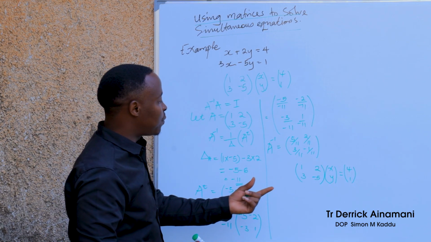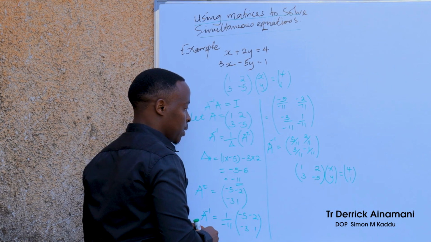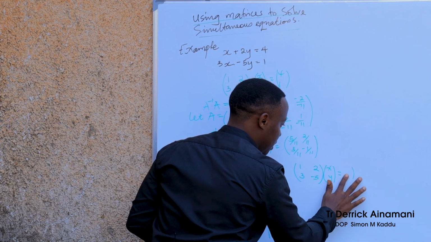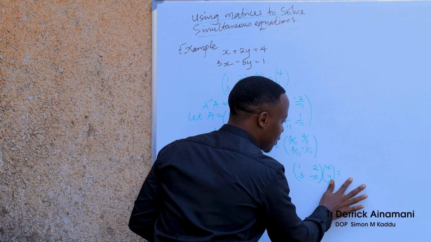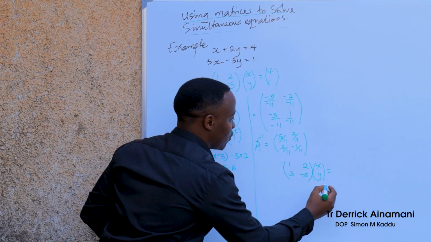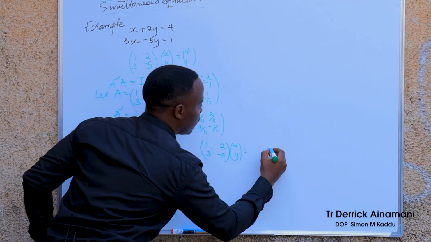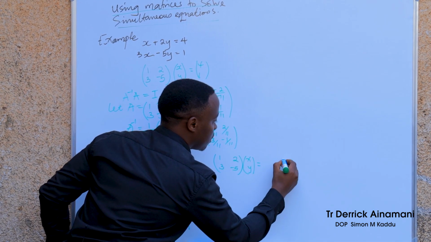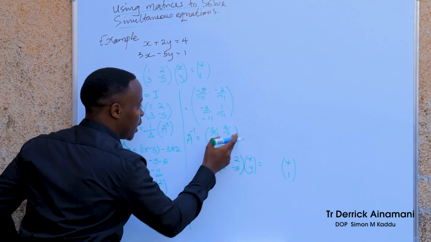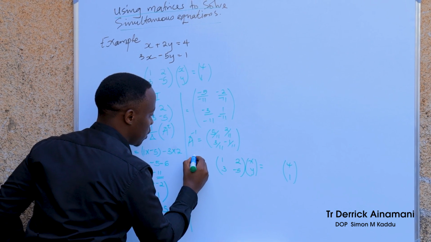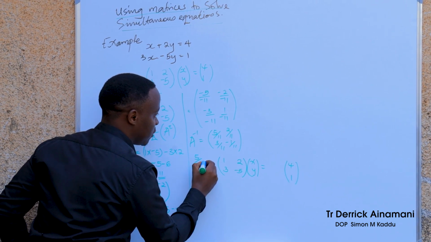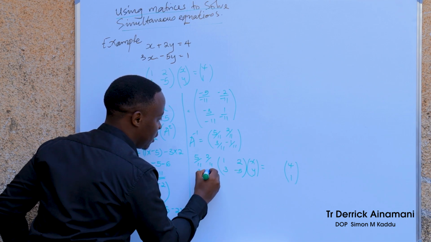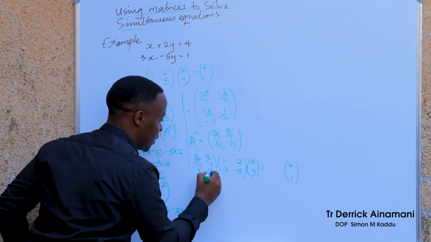Now when we are multiplying, this would be equal to 4, 1. So I will multiply here with the inverse, which is 5 out of 11, 2 out of 11, 3 out of 11, negative 1 out of 11.